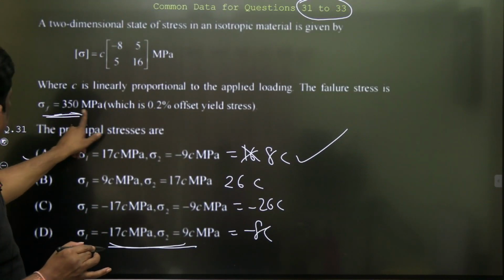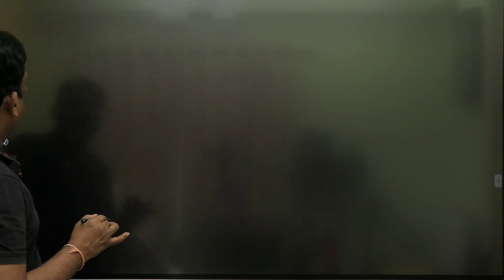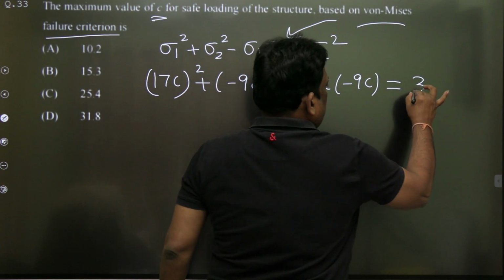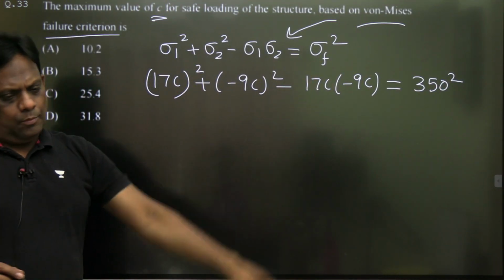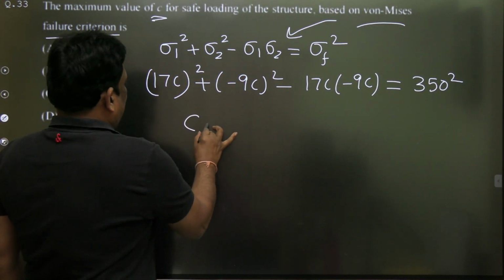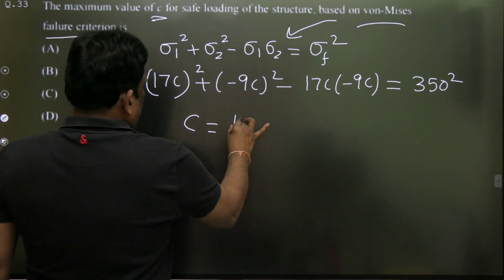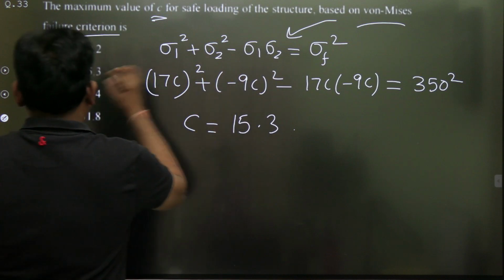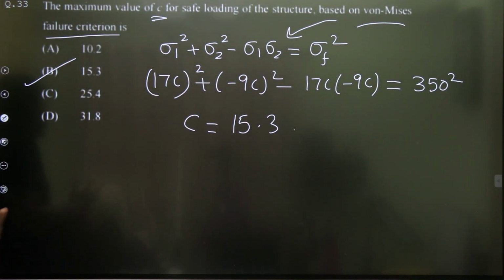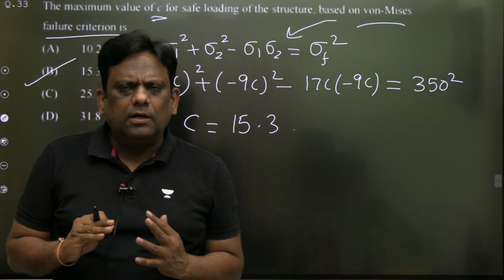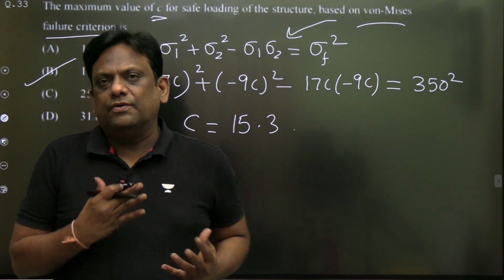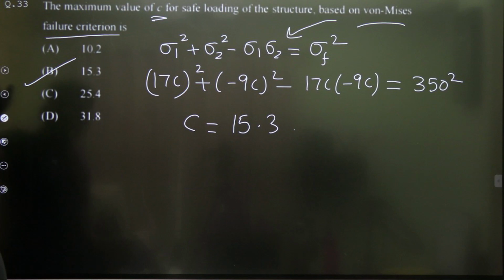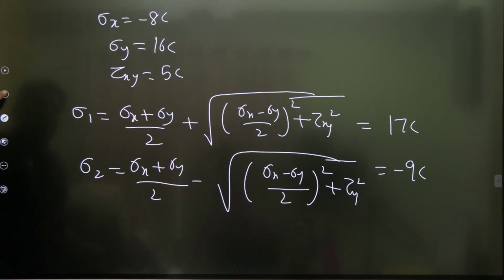The failure stress given is 350 megapascal, and all these are in megapascal. If you calculate, I think you get the value as 15.3. Yes, this is the right answer. This is a very good question, though not tough, but this variety can be expected. That is why I'm giving you varieties of questions. Now let's go to the next question without wasting any time.